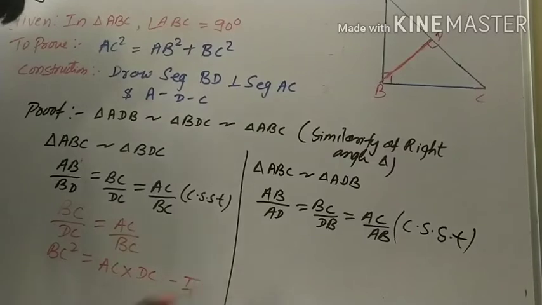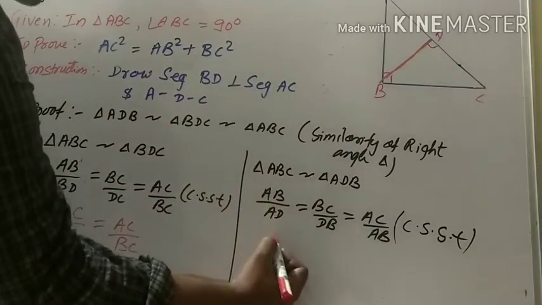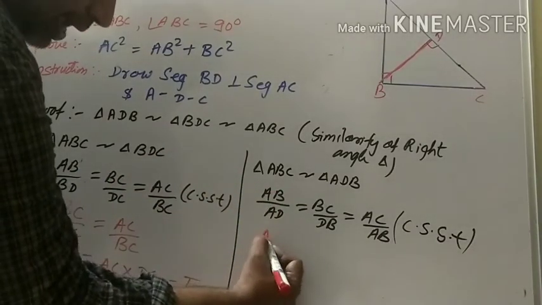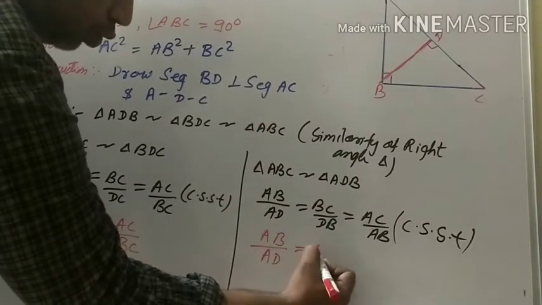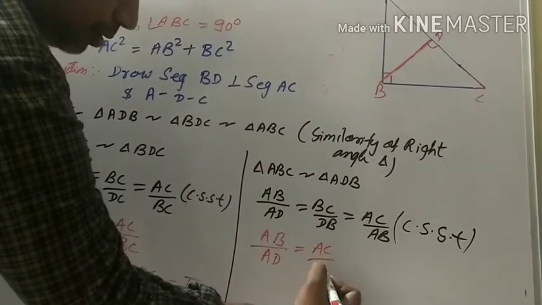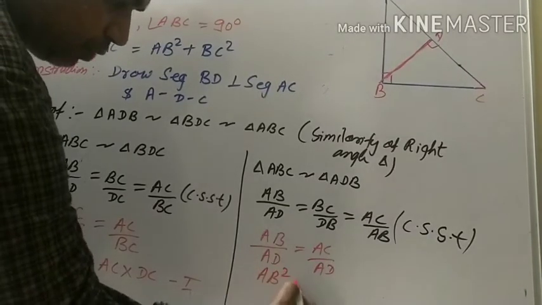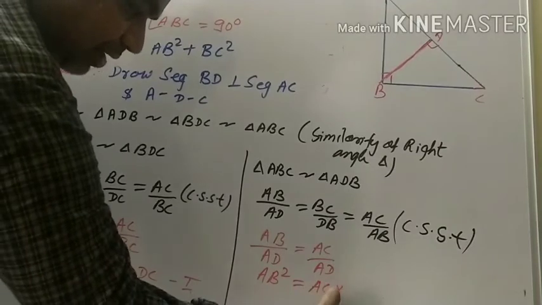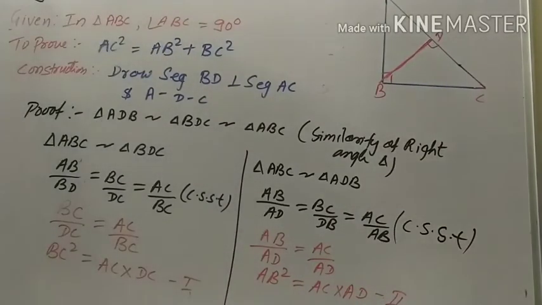That is the first equation. Now in this we take AB upon AD is equal to AC upon AB. So AB square is equal to AC into AD. That is our second equation.